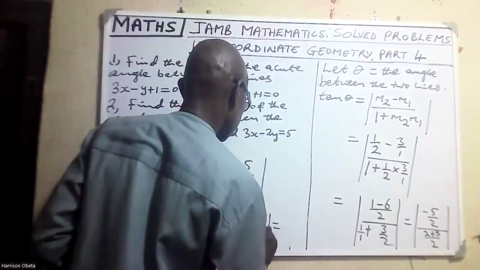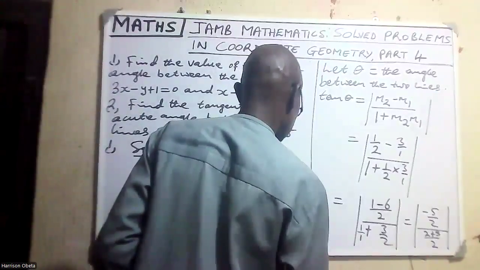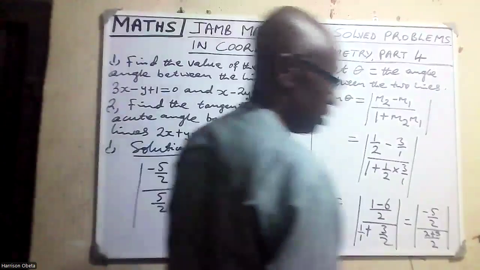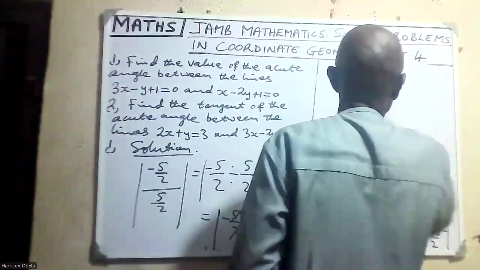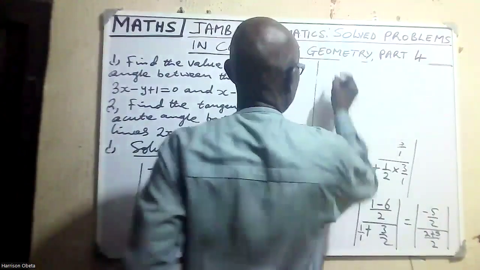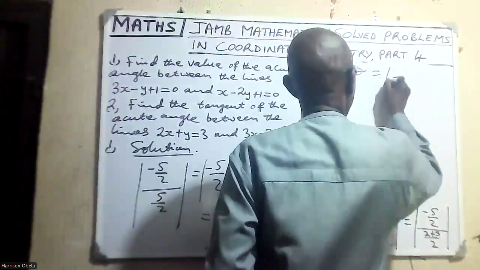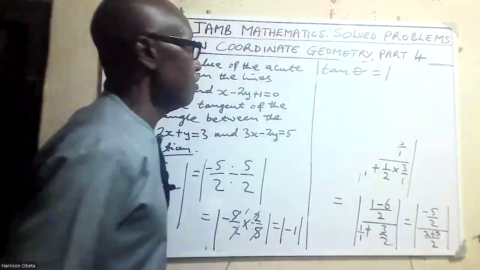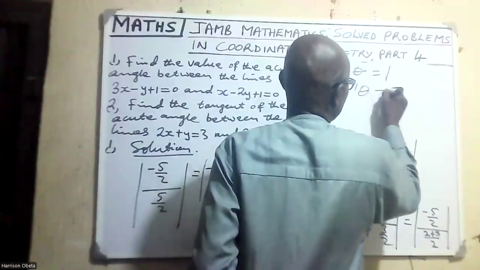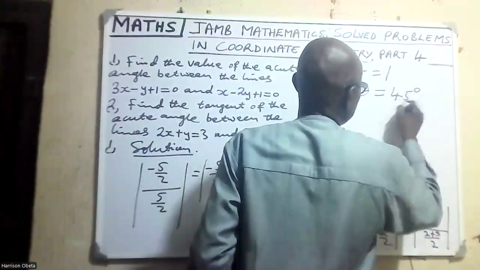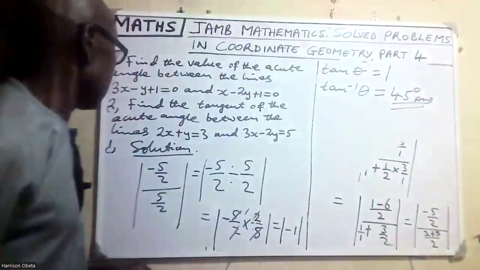You have to invert. That is minus 1. Because we are talking of absolute value, tan theta is equal to 1. And when you check tan inverse, theta will give us 45 degrees. So that's the answer to that.